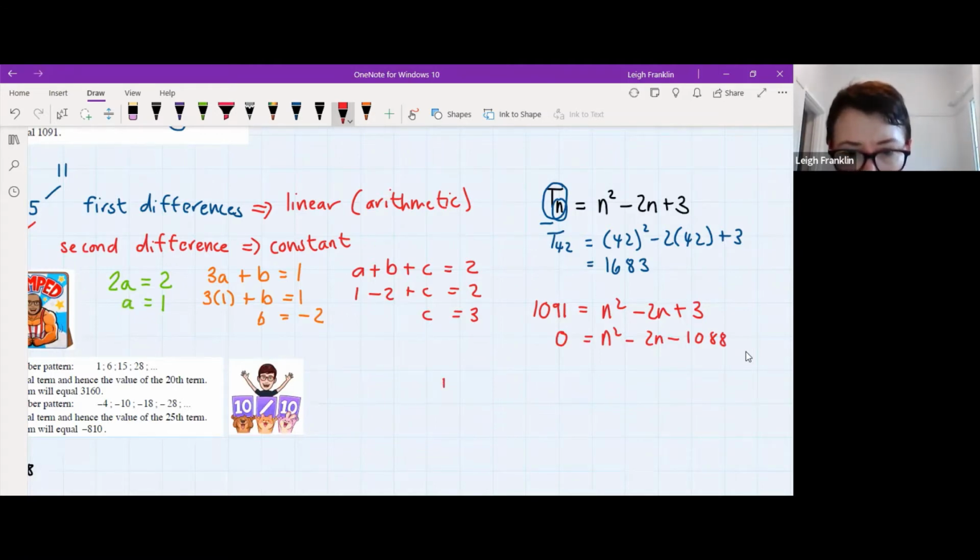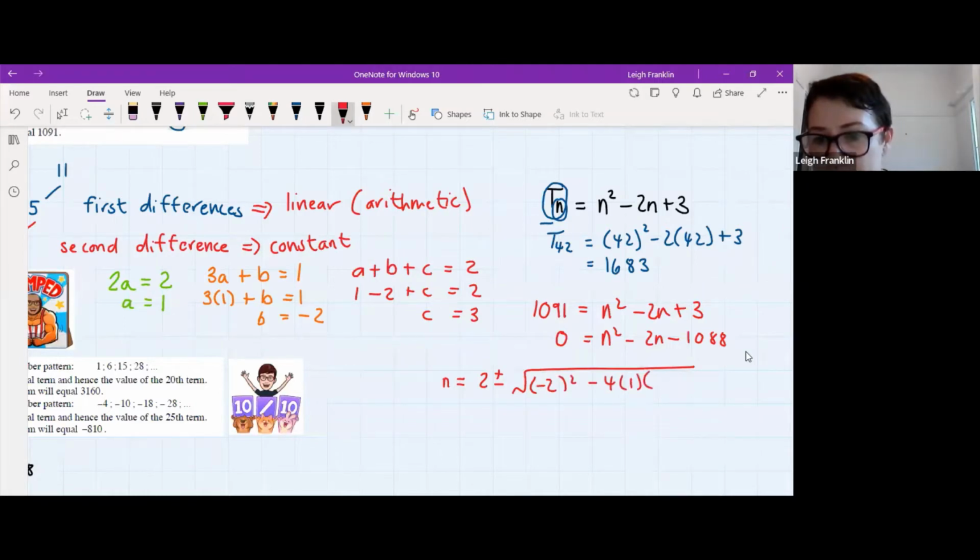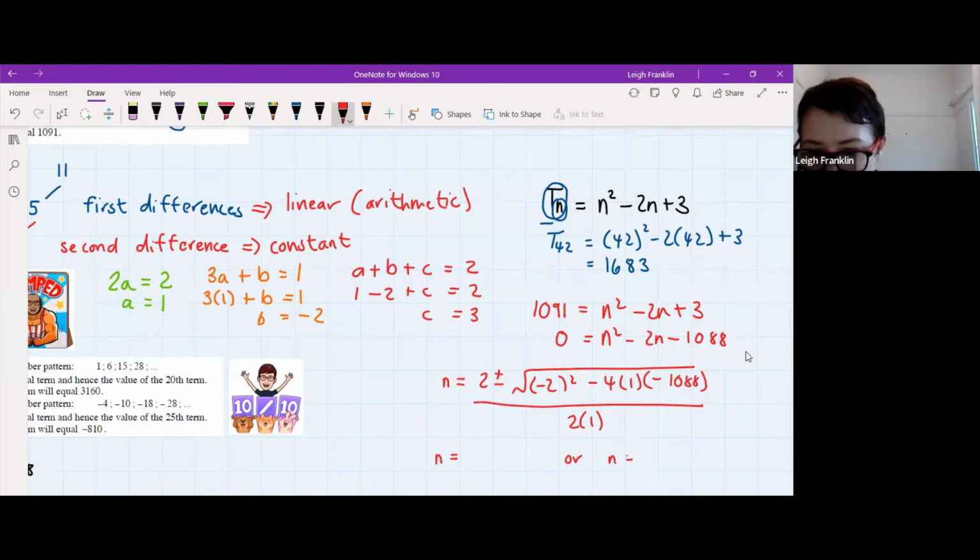Okay, matrix, the quadratic formula: n in this case is equal to negative b, so it's 2, plus or minus the square root of b squared, so that's minus 2 squared, minus 4 times a, which is 1, times c, which is negative 1088, all over 2 times 1. And now what we should find is that we get 2 different solutions for n. All right, pop that into your calculators and let's see what we get. One solution we'll be able to accept, and the other solution we're going to have to reject.